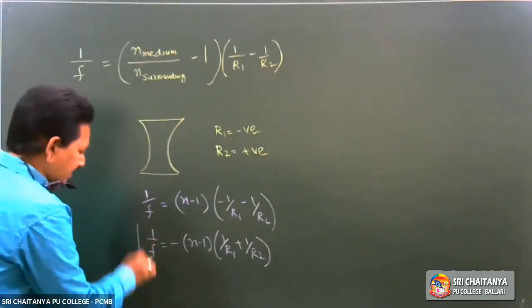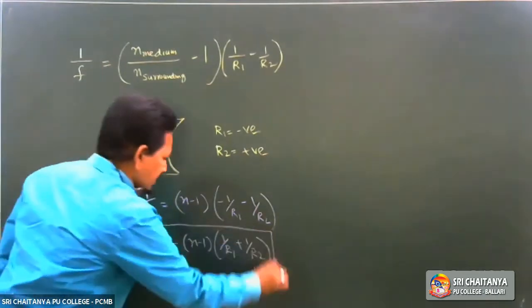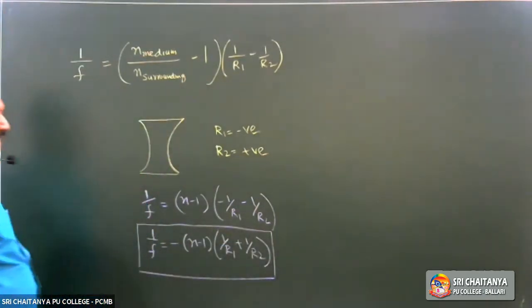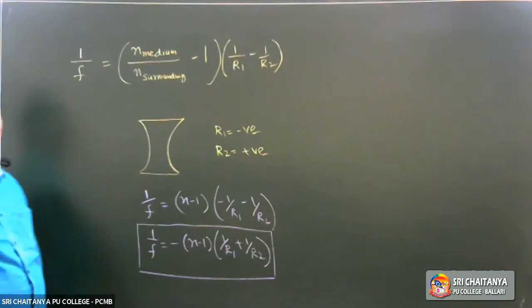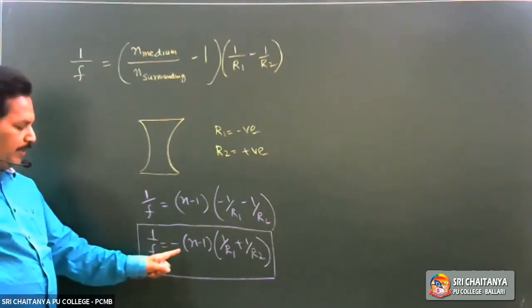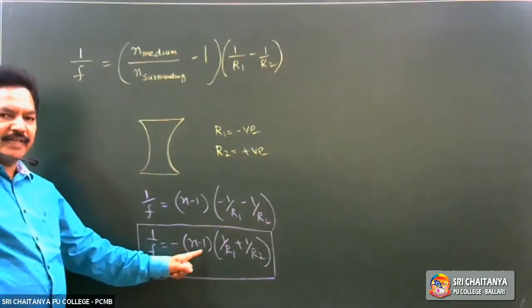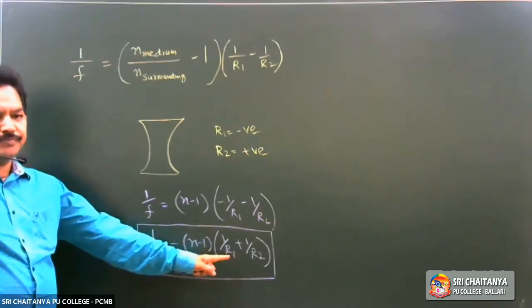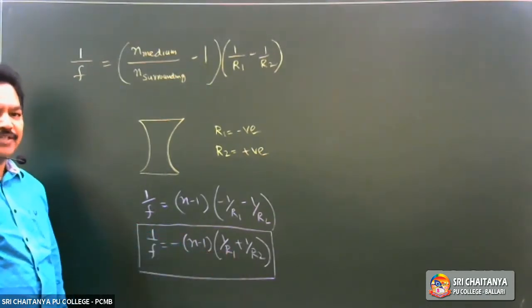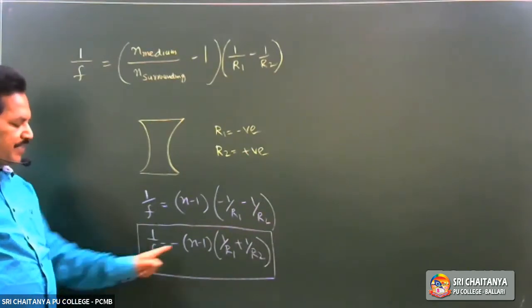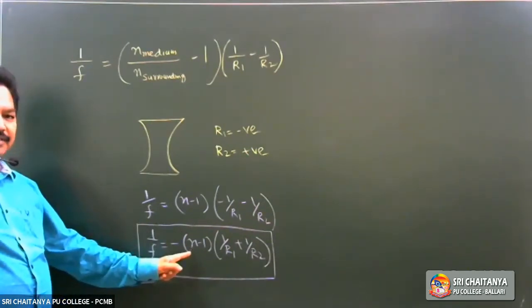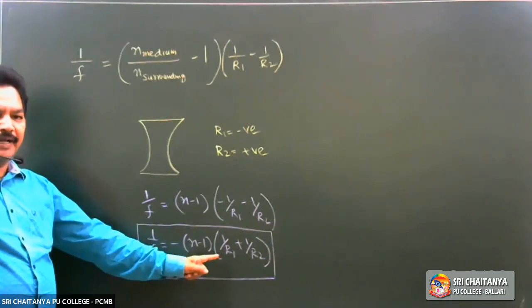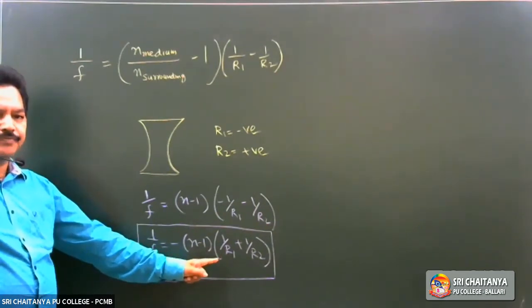Directly we can apply this formula in case of the concave lens: 1 by f is equal to minus (n minus 1) into (1 by R1 plus 1 by R2). In case of the convex lens, we got 1 by f is equal to (n minus 1) into (1 by R1 plus 1 by R2).